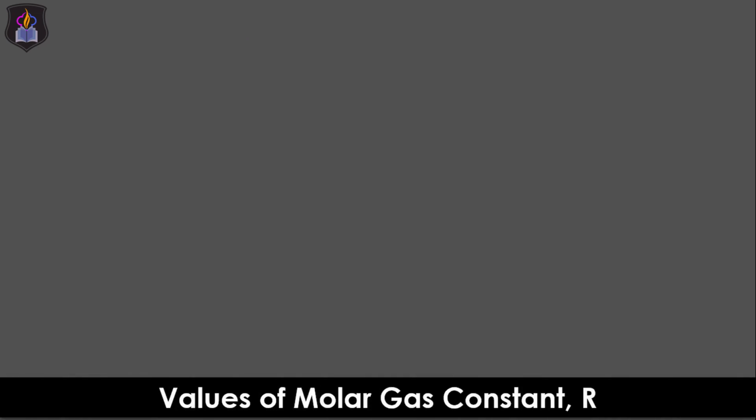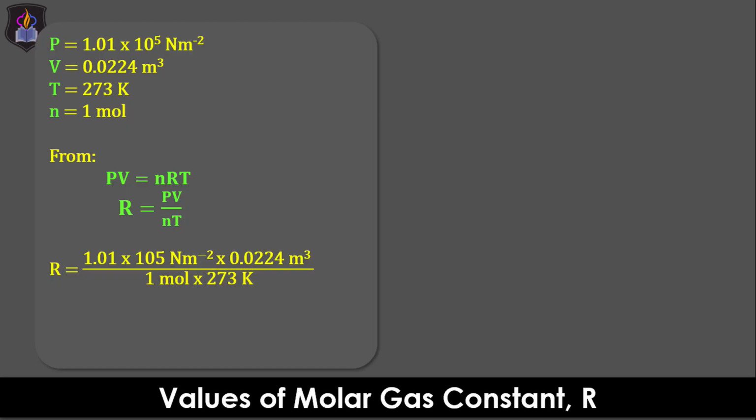The values and units of R depend on the values and units of P and V. For 1 mole of a gas measured at standard temperature and pressure, when the pressure is 1.01 × 10^5 Newton per meter squared, volume is 0.0224 meters cubed and temperature is 273 Kelvin, the value of R will be 8.314 joules per Kelvin per mole.